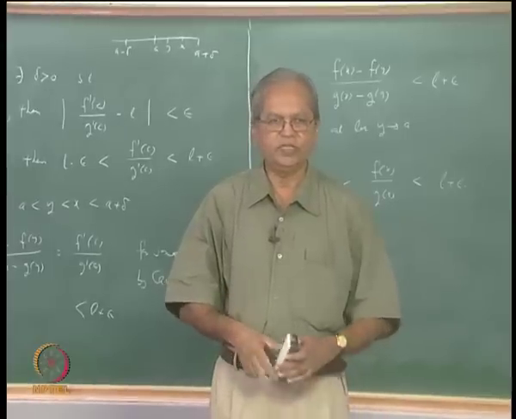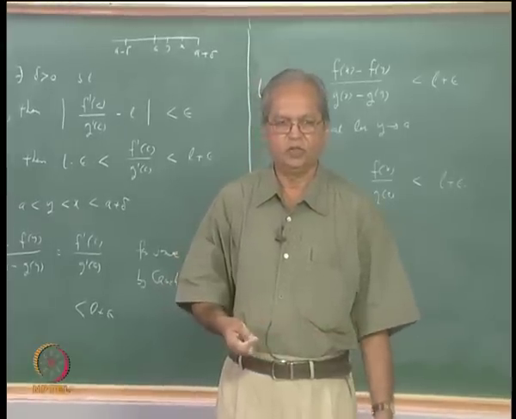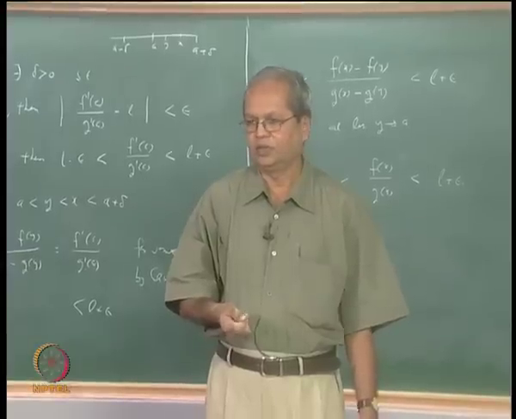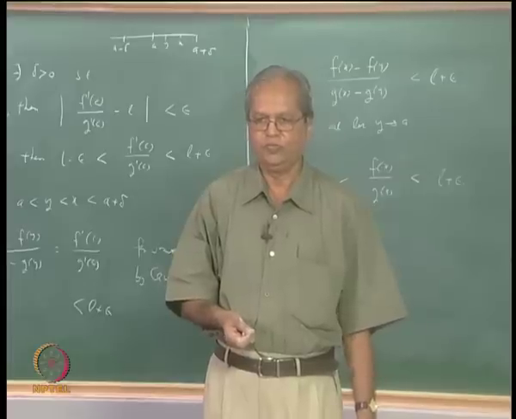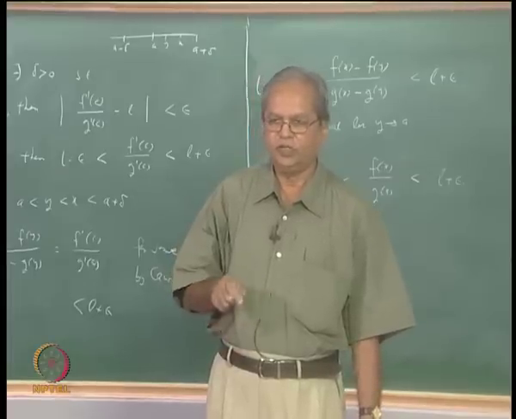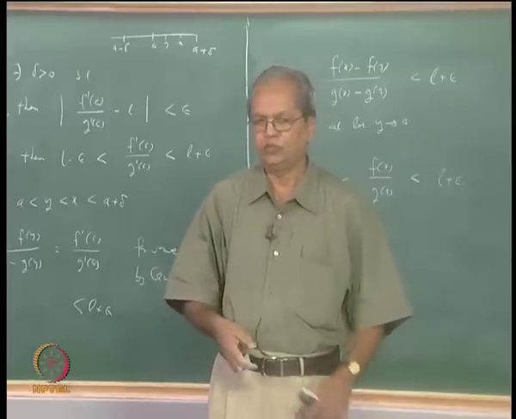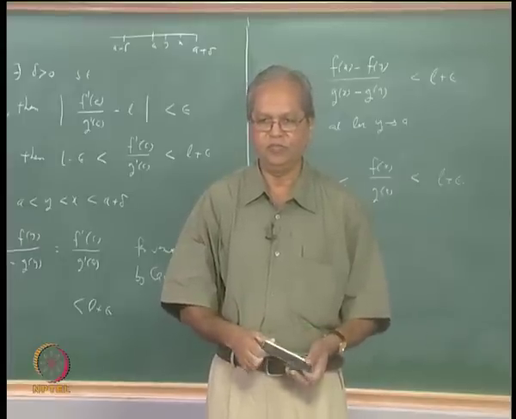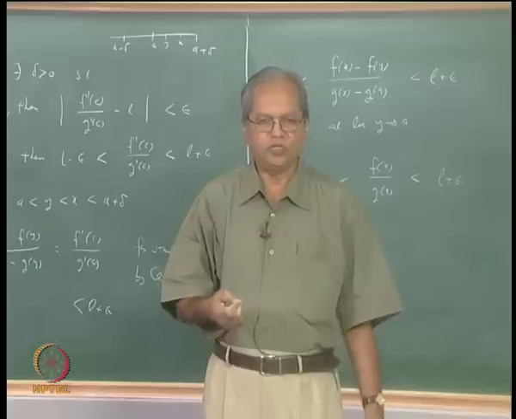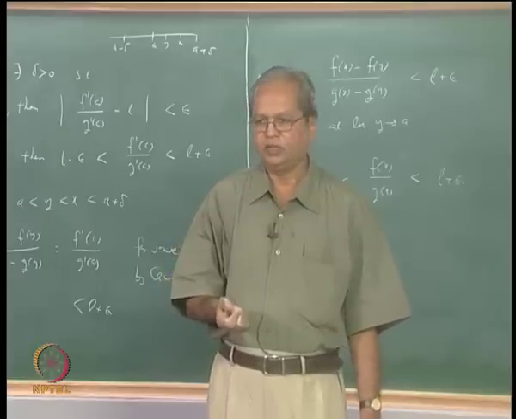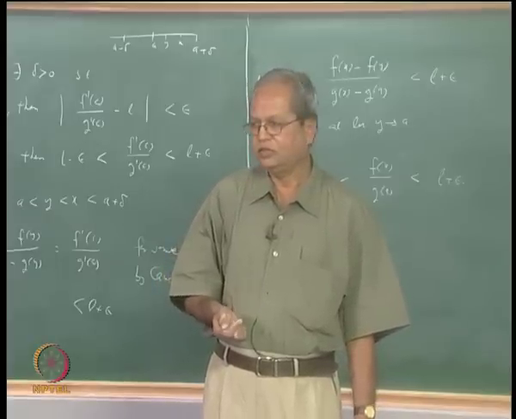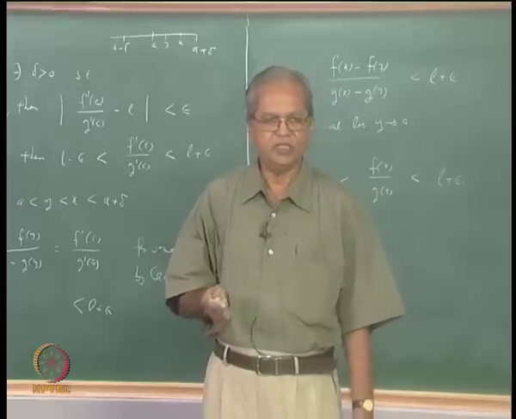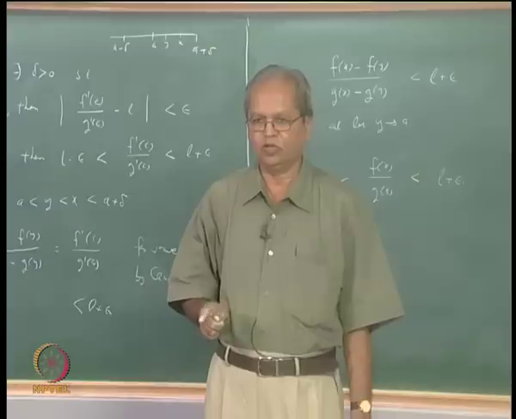And we said that if f has a local minimum at the point x naught, and if it is differentiable at that point, then that derivative must be 0. Now we can say the same thing in a slightly different language, because that is how we are going to use it in this theorem. Suppose we know that the function is differentiable at a point x naught and the derivative is not 0 at that point. Can we say that there can be no local maxima or local minima?